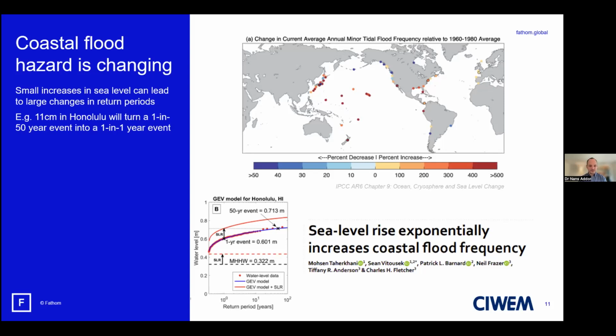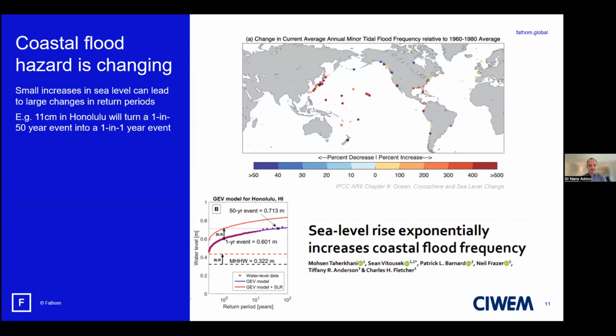And this is illustrated by the plot in the lower left corner. You see that in Hawaii, an 11 centimeter change in sea level will turn a pretty extreme 1 in 50-year event into a very common 1 in 1-year event. So this is just to illustrate that what can be perceived as a small change in sea level can actually have a really large impact on coastal flood risk.